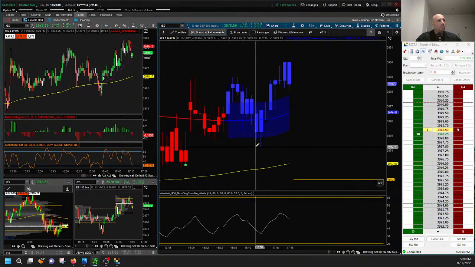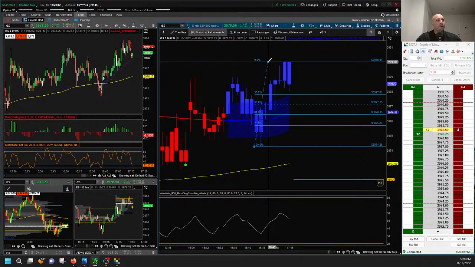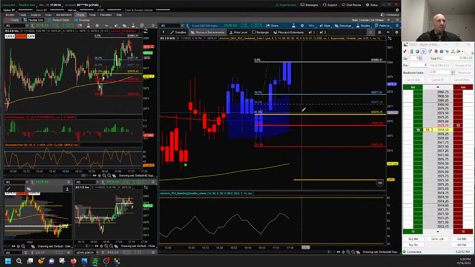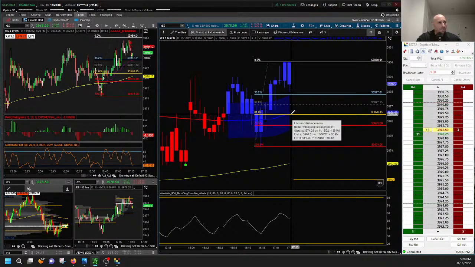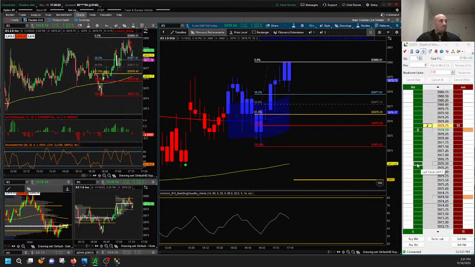Now, here's another thing we could do, right? Try our Fibonacci's. Look at this blue line. You think that's going to act as a support level? 76.50? Yeah, probably. Why? Because it lands right at the 61.8. Blue line, remember, it's a double moving average.